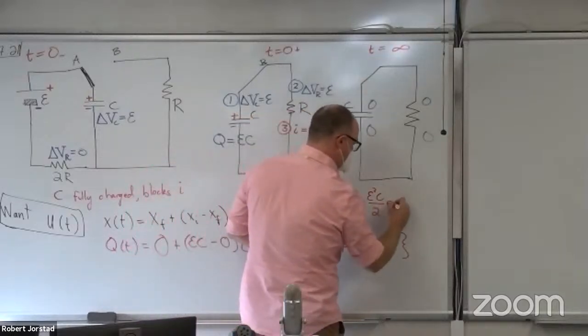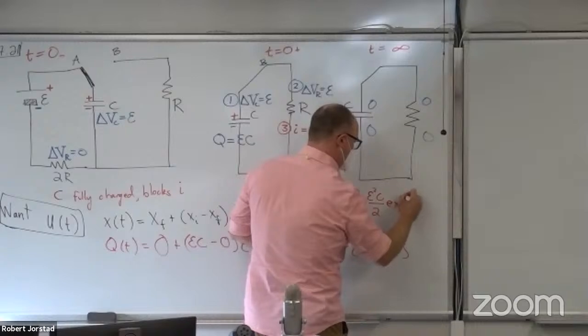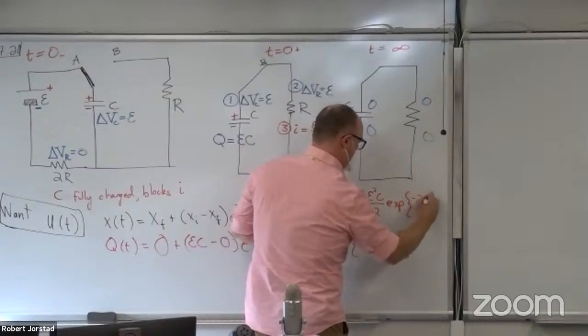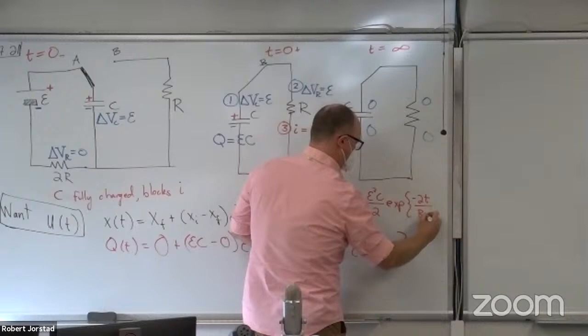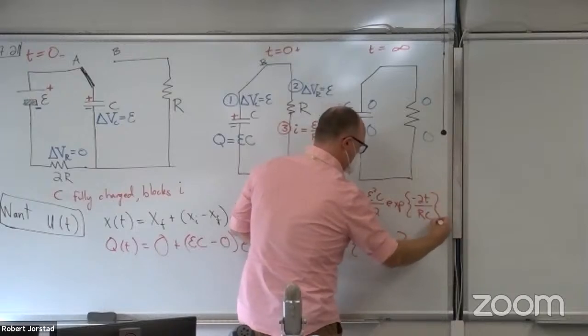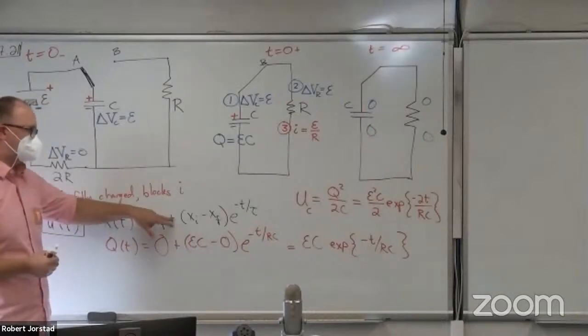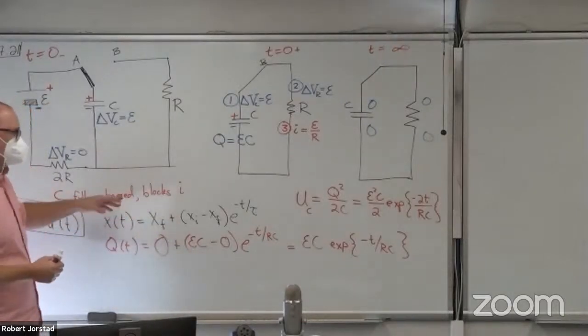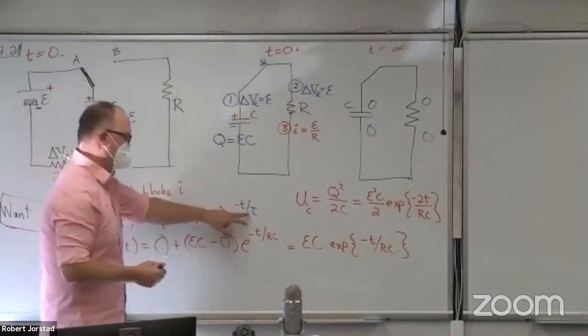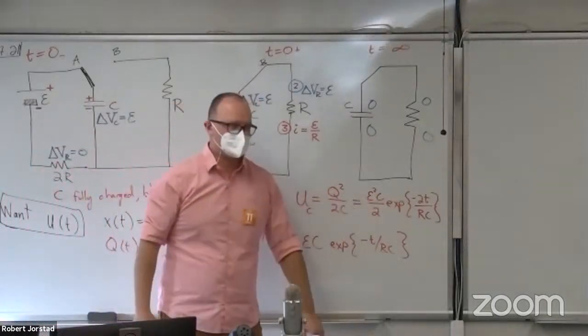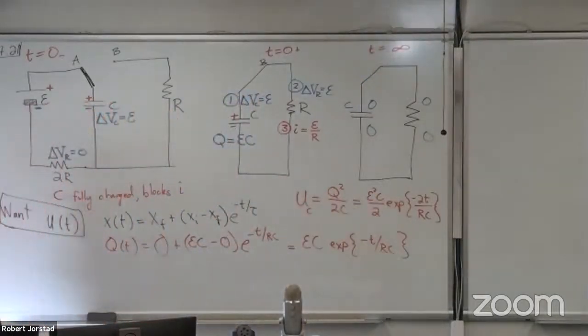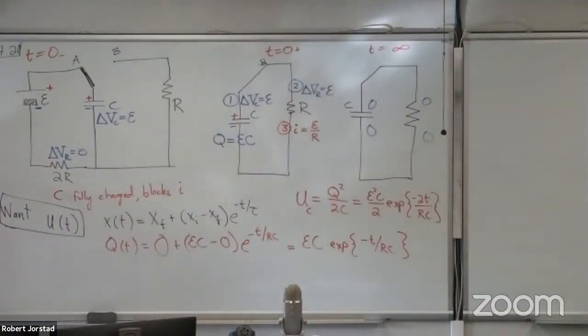Yeah, we get EXP negative 2T over RC. Notice it's a little bit different than if we had just used this equation with U. The equation with U, you might think you'd get it right, but you'd be off basically in your tau. Yeah. All right.